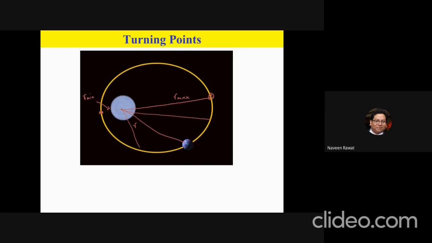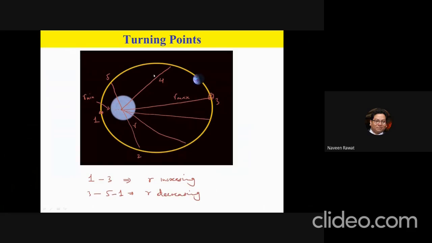So let's call these regions 1, 2, 3, 4 and 5. In the region 1 2 3, r is actually increasing, and in the region from 3 to 5 to 1, r is actually decreasing.